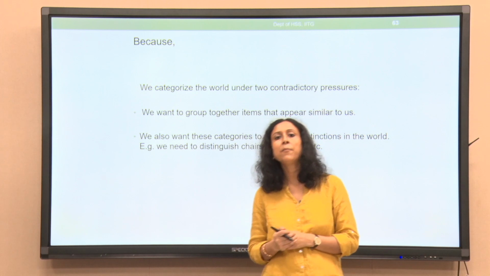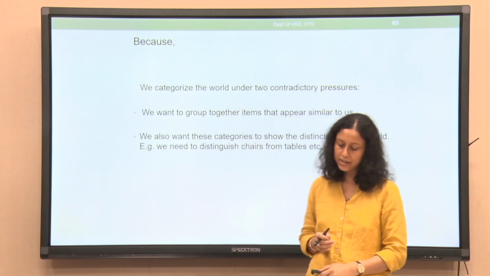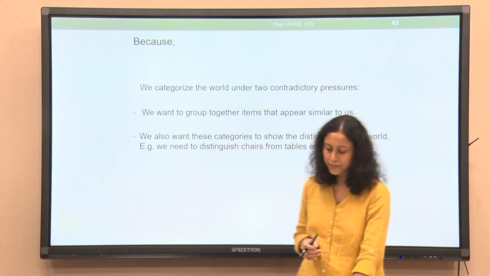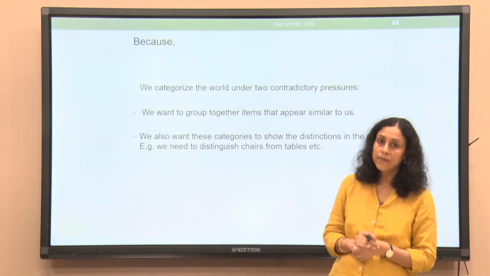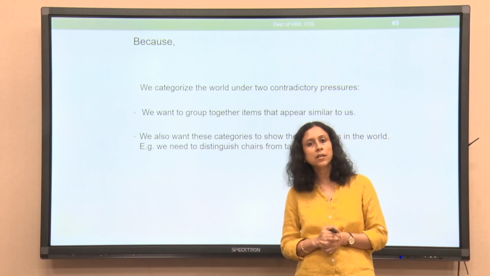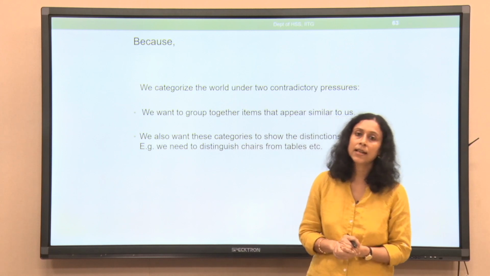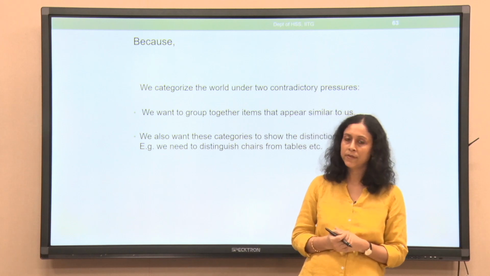Now, why do we have basic level categories in the first place? Why do we even need them? The idea that has been put forward is that we categorize. Categorizing is a fundamental principle, as we have already seen, and this is also a universal process, but we have also seen that this is a process the outcome of which is not always universal.